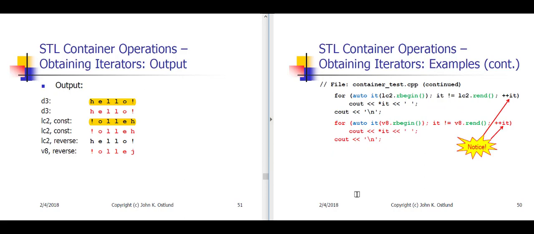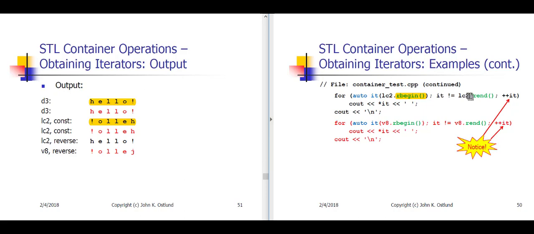Here on slide 50, we have a couple of for loops using reverse iterators to step through the elements of a couple of containers in reverse order. So we're initializing our iterator it with lc2.rbegin. That's going to be a, quote, pointer to, unquote, the little h that is at the end of lc2.